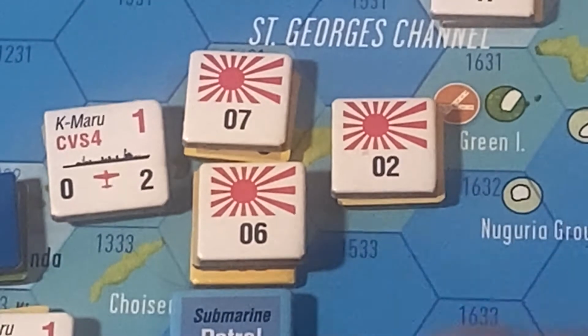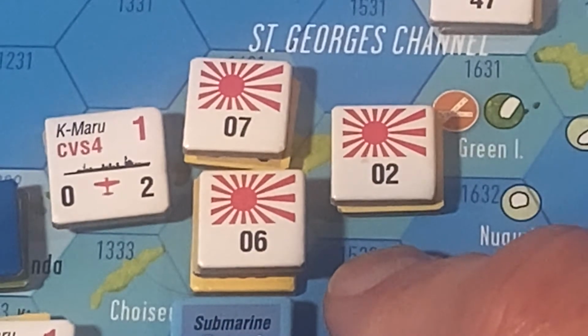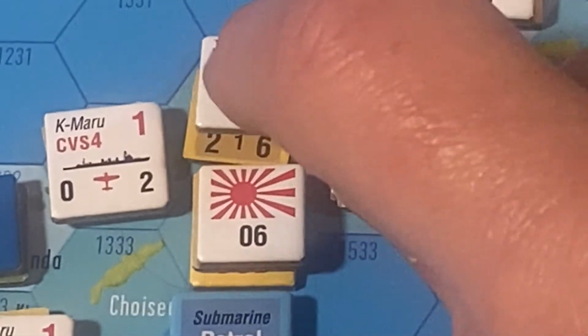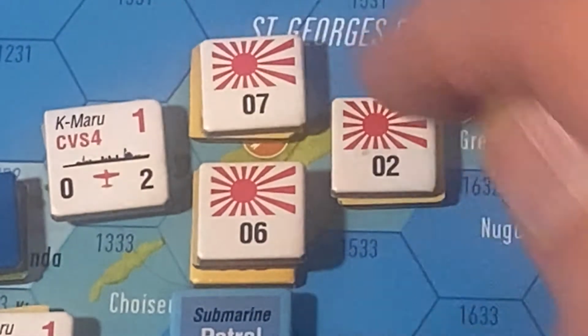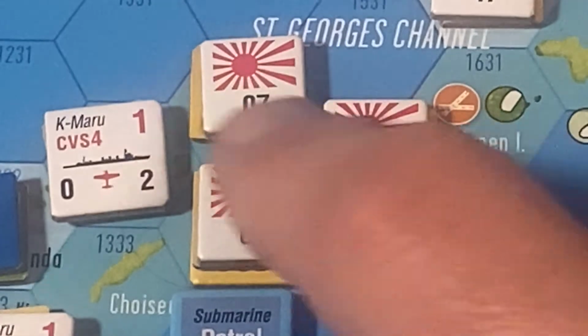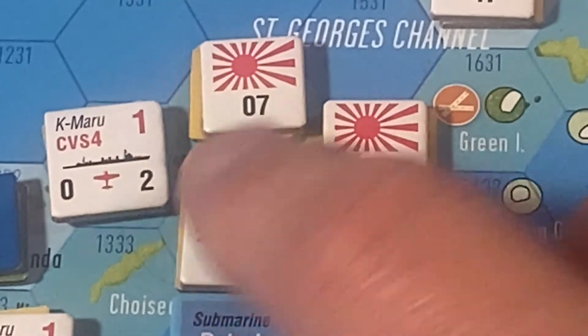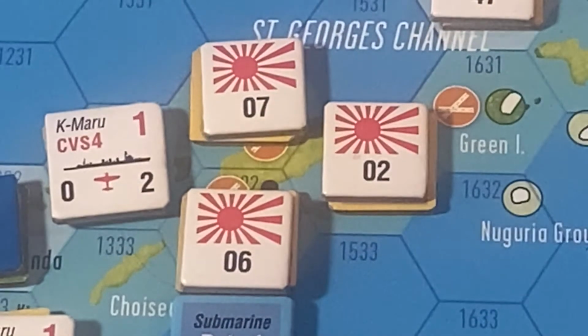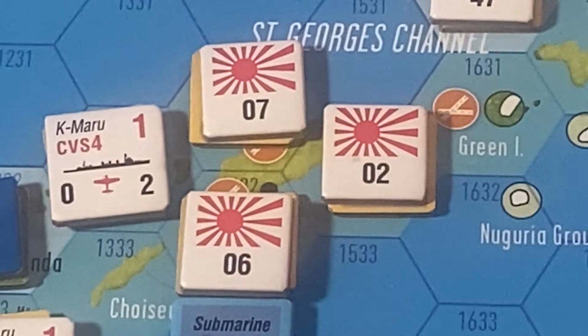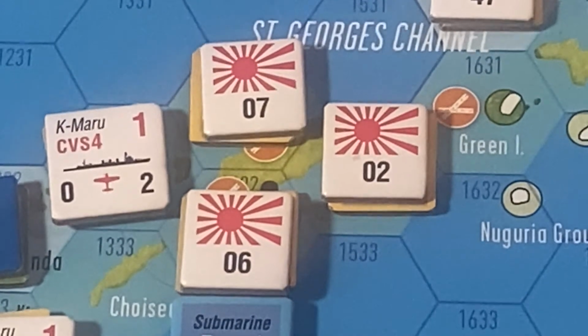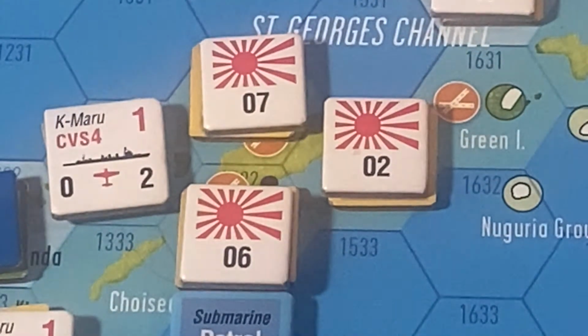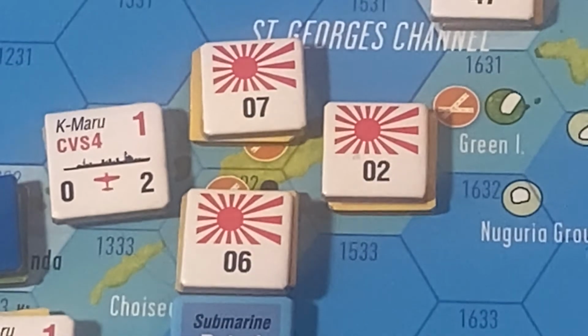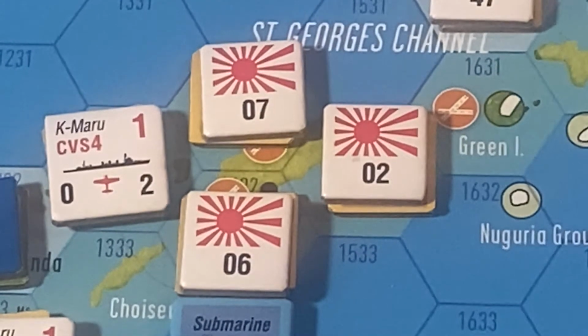I would say if they can get a foothold here, then the Japanese are probably going to move in, try to activate and move in. And they can actually move in without attacking in certain circumstances, just to reinforce. So we'll see if this gets to be a pretty big melee.